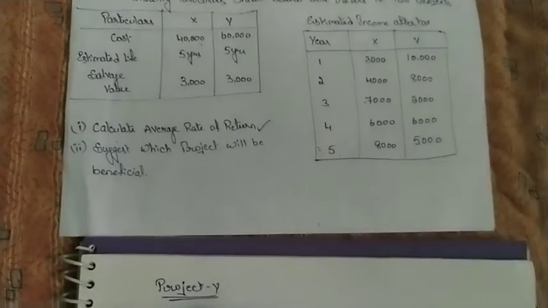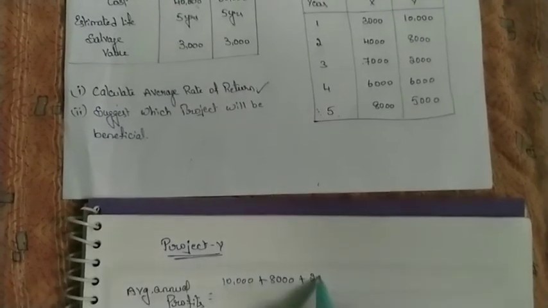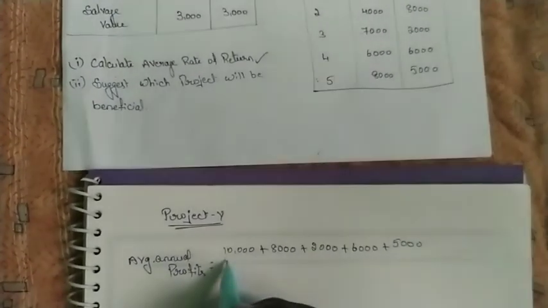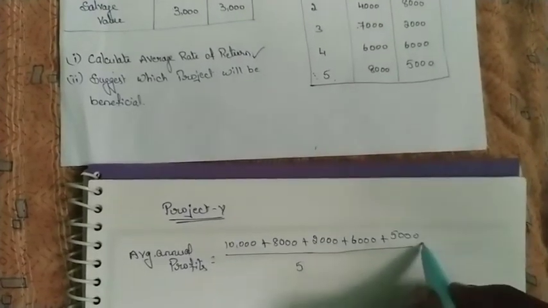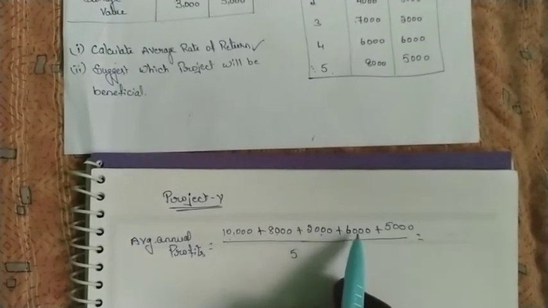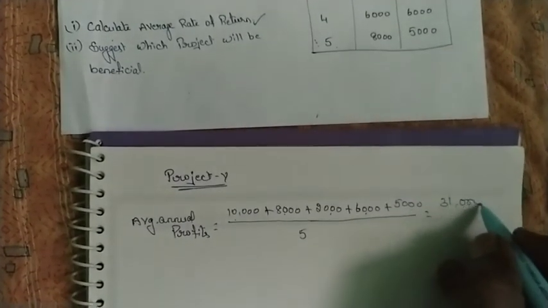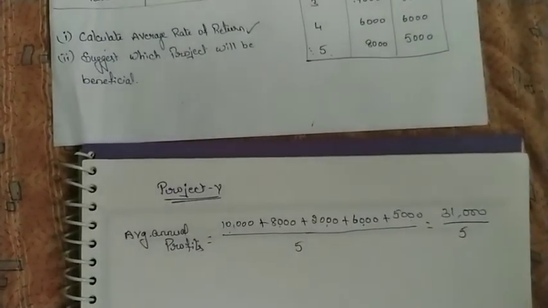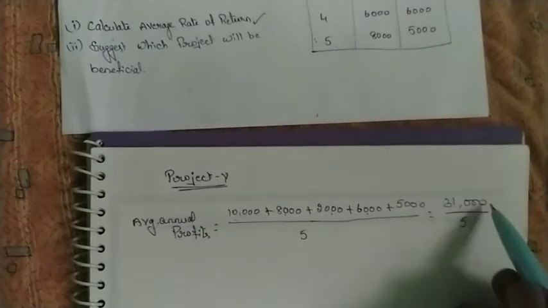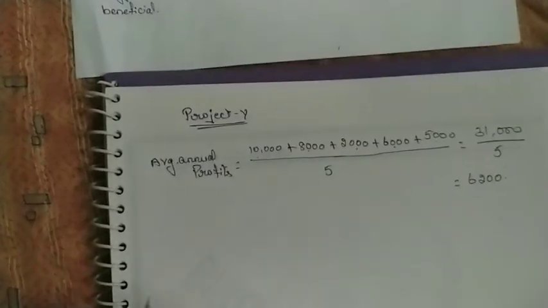Profits for project Y: 10,000 plus 8,000 plus 2,000 plus 6,000 plus 5,000, divided by the number of years, which is 5. 10,000 plus 8,000 is 18,000, plus 2,000 is 20,000, plus 6,000 is 26,000, plus 5,000 is 31,000. 31,000 divided by 5 gives 6,200 as the average annual profits.